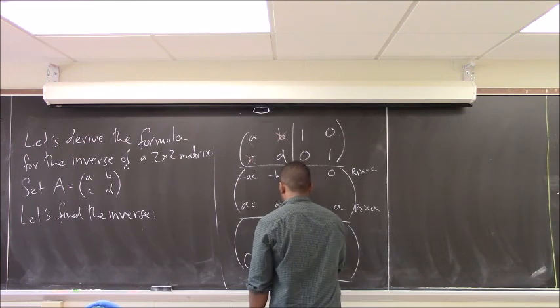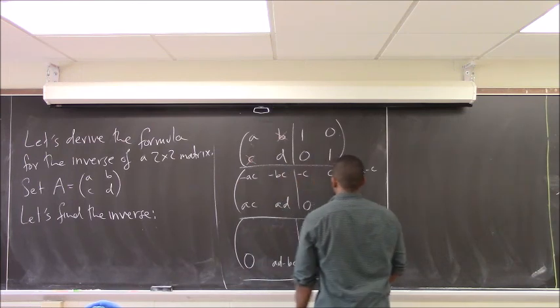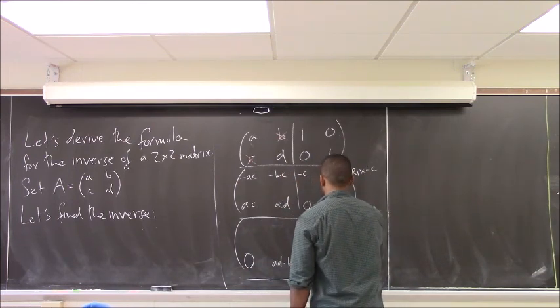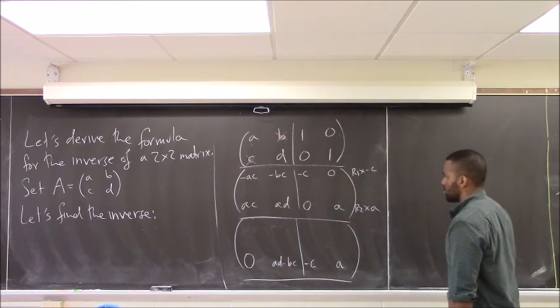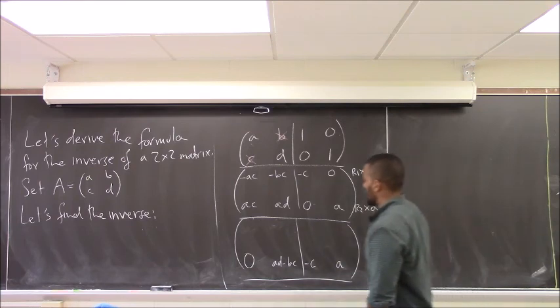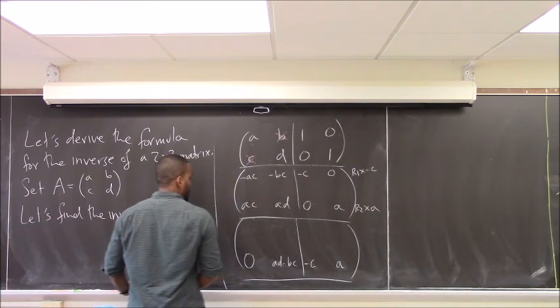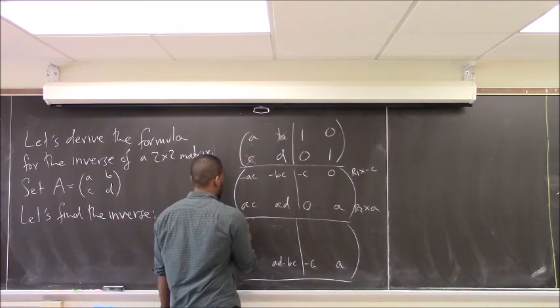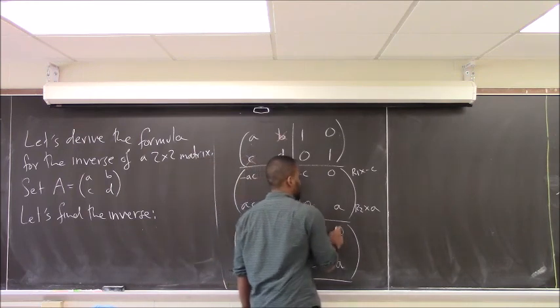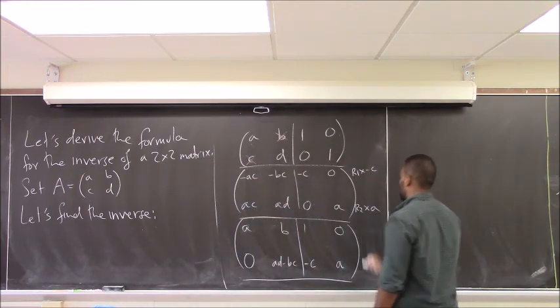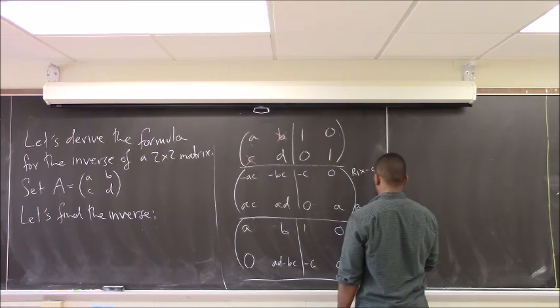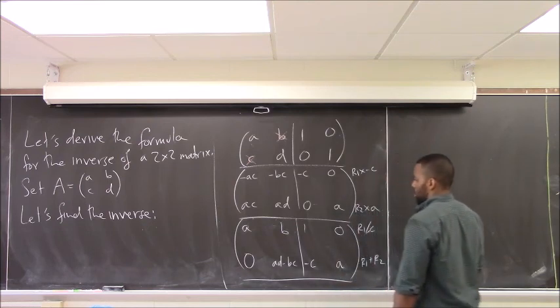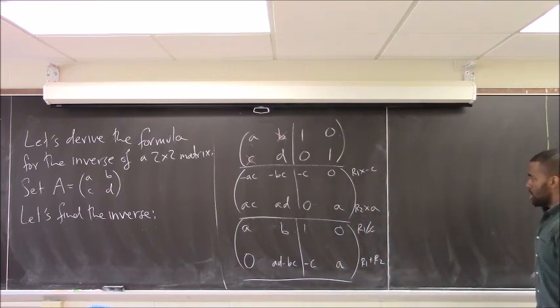This here will be ad minus bc. Here this will be minus c. This will be a. And here, let me just put this back, 1, 0. So it's row 1 plus row 2, and I end up in that situation.